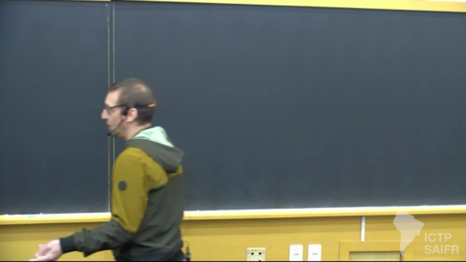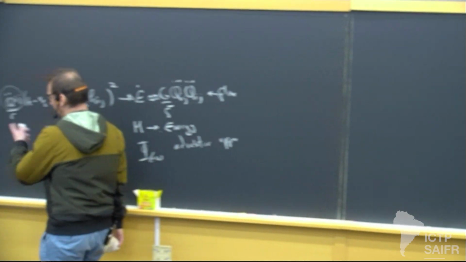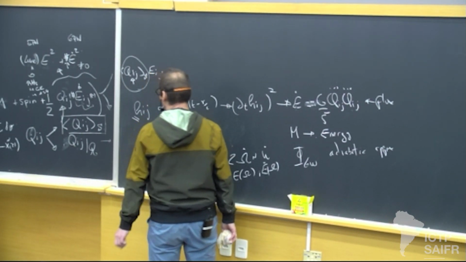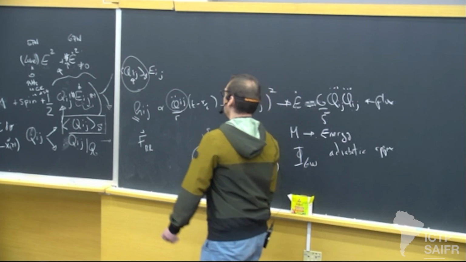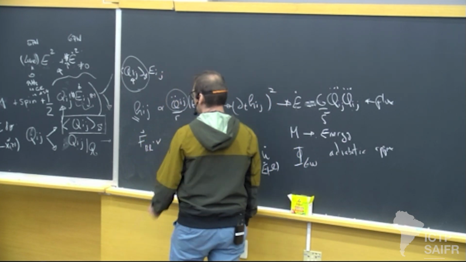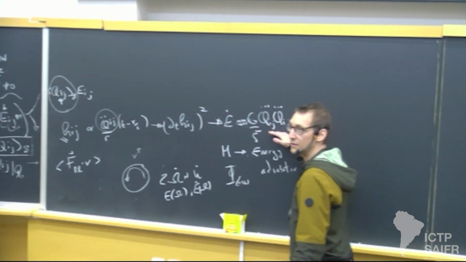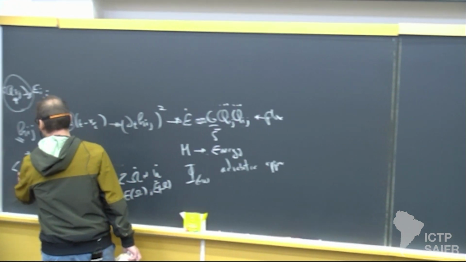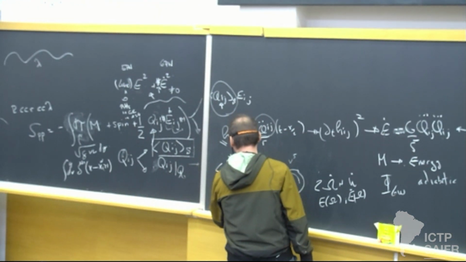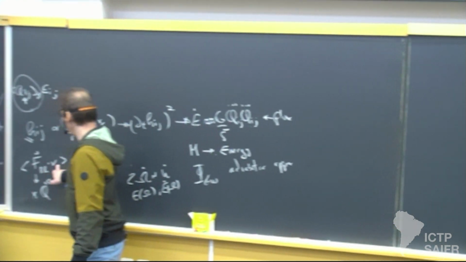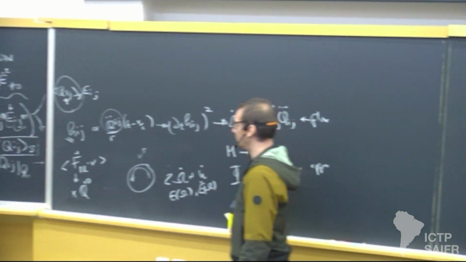We don't have to do that, by the way. I don't have time to explain, but you can ask me, I can compute the exact radiation reaction force, I can compute the exact flux, and if I average, I get precisely this, because the force itself goes like e to the i phi. And then you do integration by parts, and you get this.